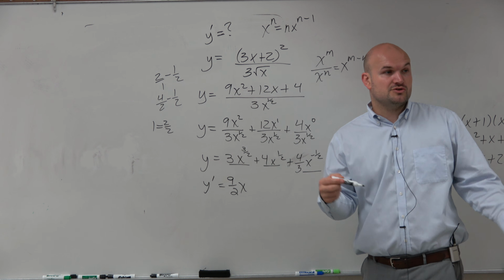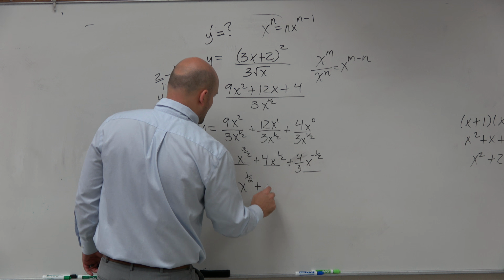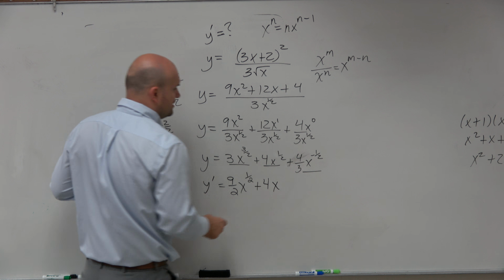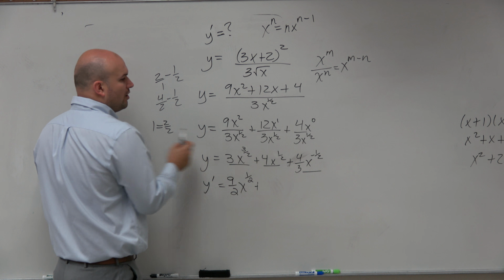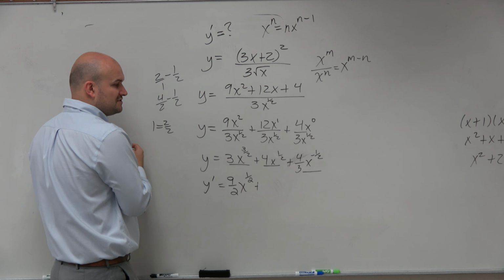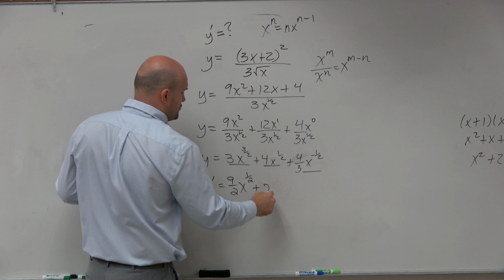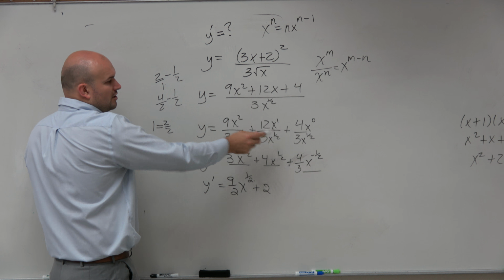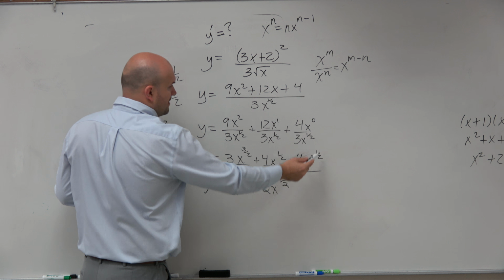So 3/2 minus 2 over 2 is equal to 1/2. Plus 4, I'm sorry, bring the 1/2 down. 4 times 1/2 is equal to 2. And then subtract 1. So 1/2 minus 1 is going to be negative 1/2.